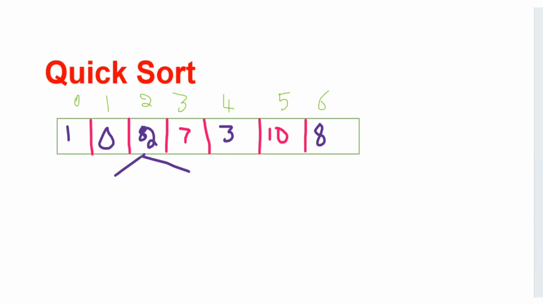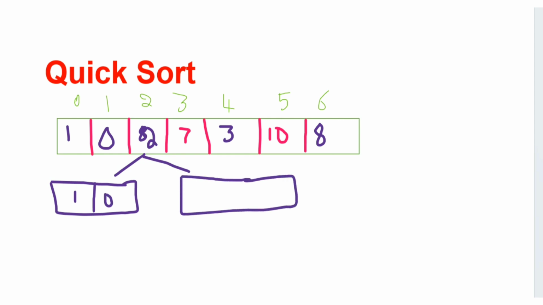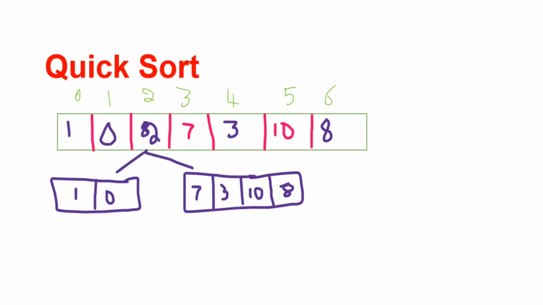So we divide the list into sublists. The left sublist consists of 1 and 0. The right sublist consists of 7, 3, 10 and 8.